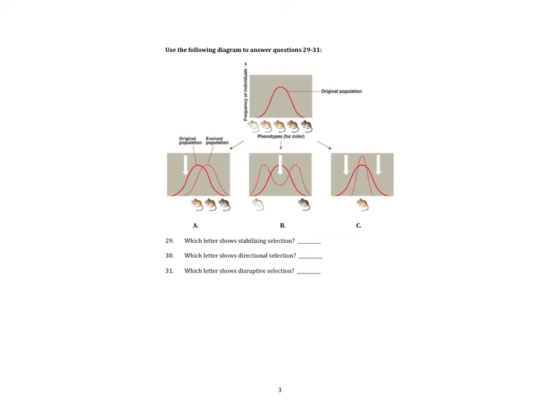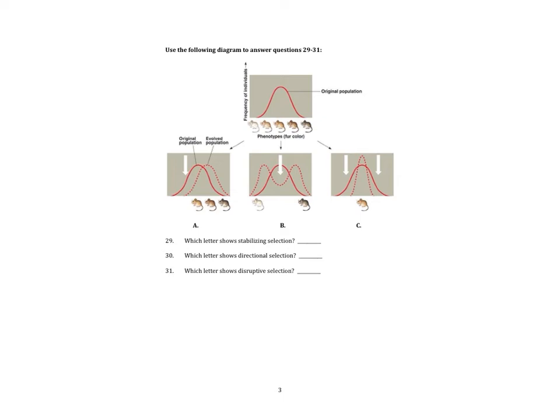But the average color is this middle brown color. And so that means that that's the color that is most successful at surviving in the environment that it is currently living in. If the environment changes, or if the predators change, or if there's something that changes around these mice, then the coat color that is most successful, because it can be most easily hidden from predators, could change.